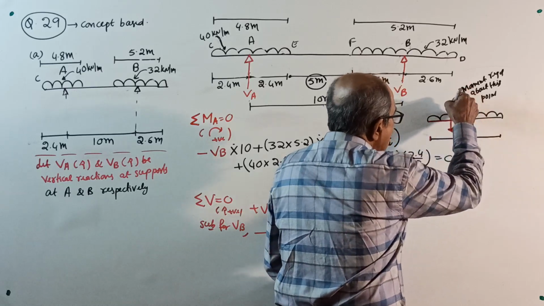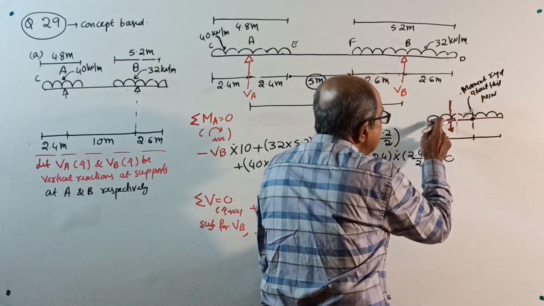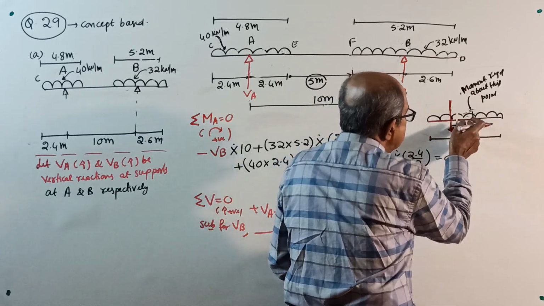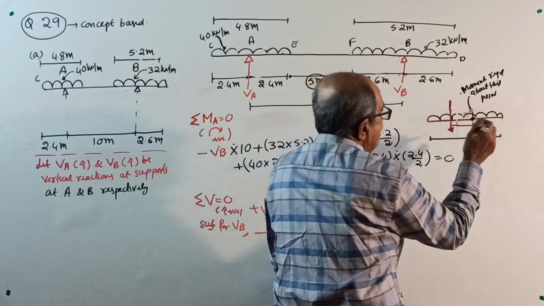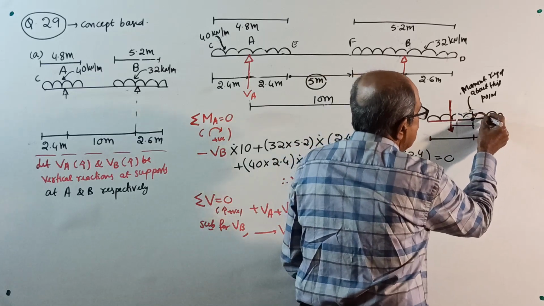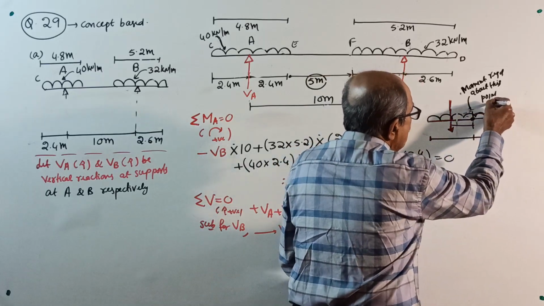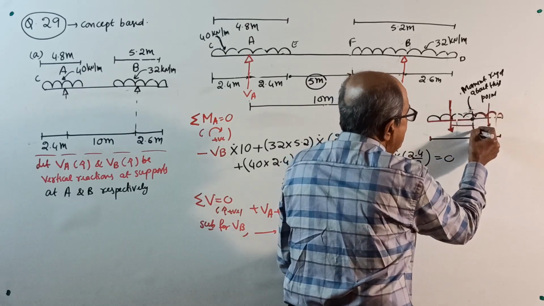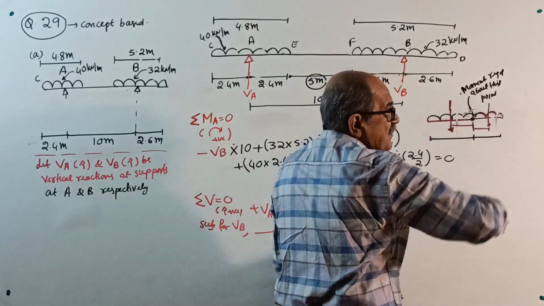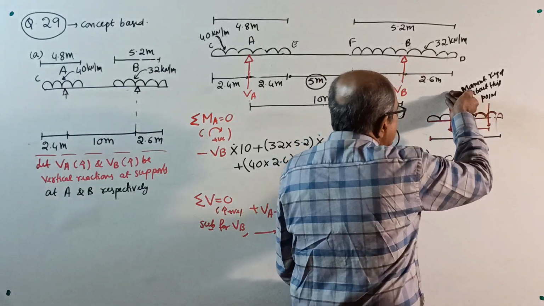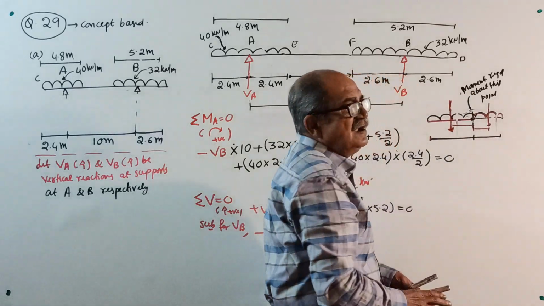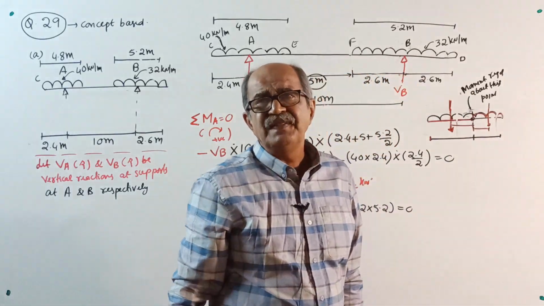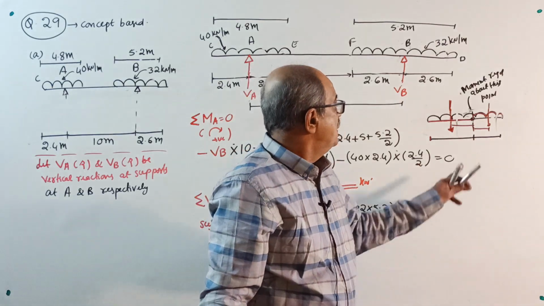So intensity into this loaded length, into this distance to the center, is anti-clockwise. And consider the load on the other side: intensity into that loaded length, into its distance, is clockwise. This is the best and easy method, instead of confusion.